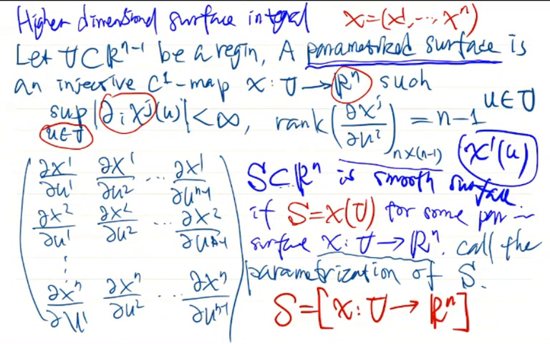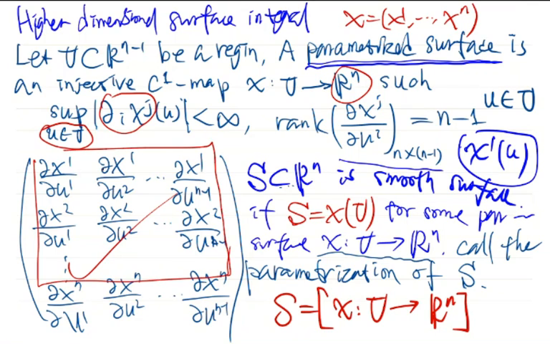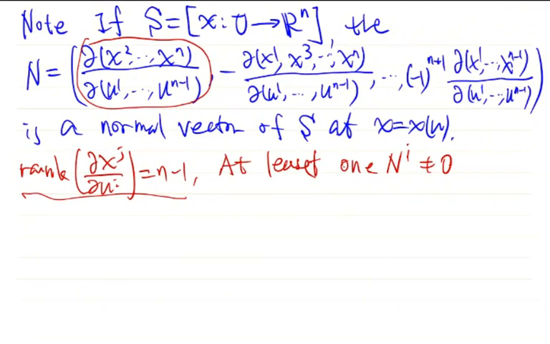So this matrix has an (n minus 1) by (n minus 1) determinant that is not 0. For example, if the determinant corresponding to the first n minus 1 rows is not 0, then the last component is not 0. So we know that at least one of the ni is non-zero. Therefore N is a non-zero vector.